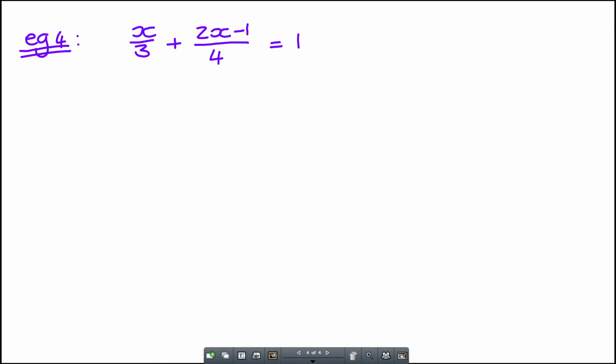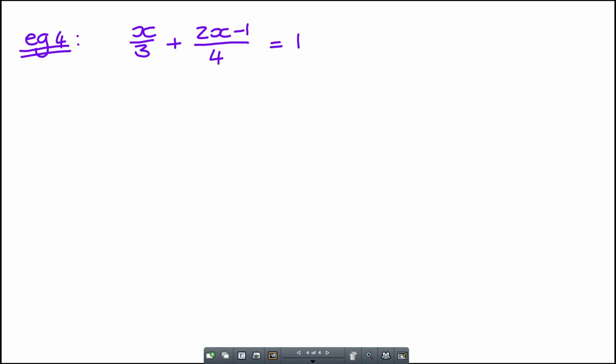Now what's going to happen is your first step is get rid of the fraction. I don't know about you guys, but normally kids don't like fractions. You don't want to work with them.